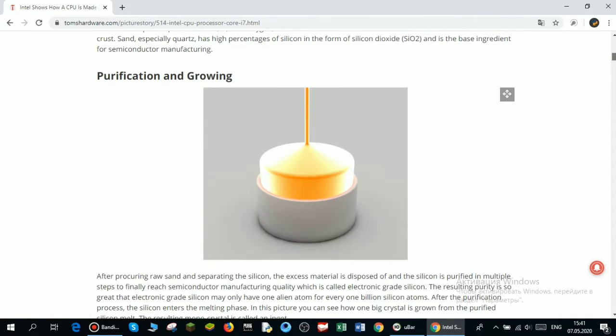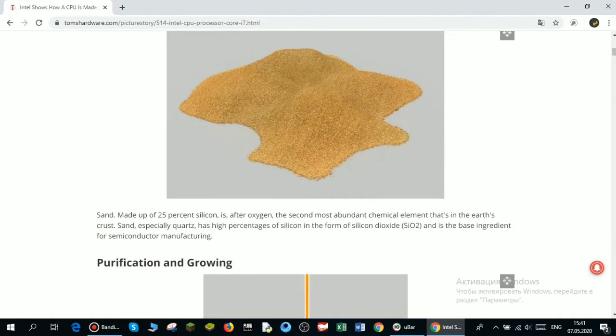Let's read that information. I didn't read it before, I found this information just now and I want to show it to you and explain it. Okay guys, let's go. Sand is made up of 20% silicon, which is, after oxygen, the second most abundant chemical element in the Earth's crust.